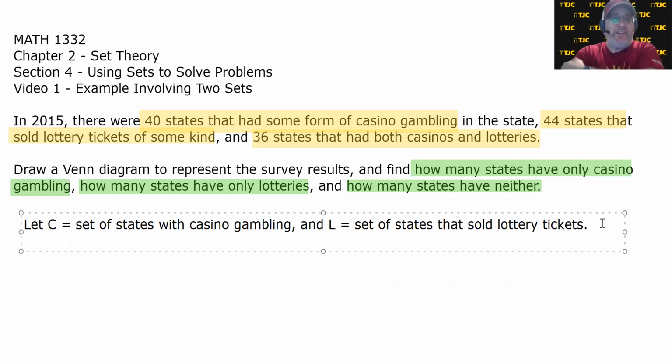And again, even though it's not explicitly stated, we can say that our universal set is the set of all states. I'm assuming this is in the United States, but maybe that's just me being nationalistically arrogant. Nowhere in here does it say that this is in America. I'm not sure how many other countries have states, much less at least 44 of them. But if you give me 1 second, I'm going to look at the source of this problem.